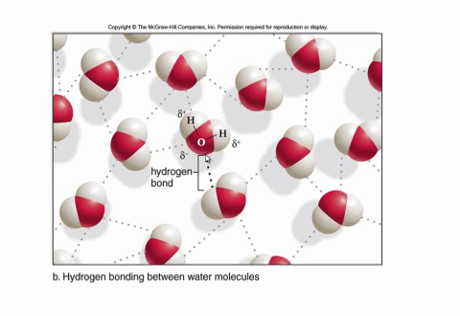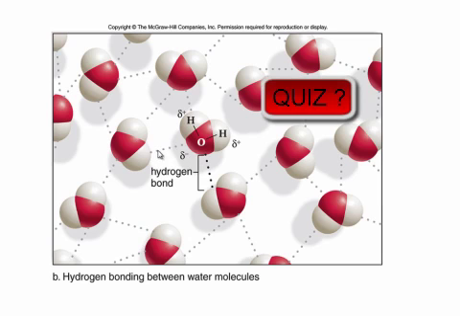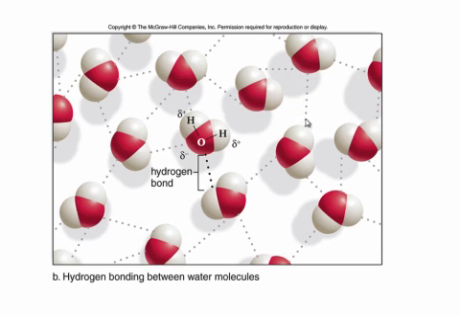It's a weak attraction between the negative pole of one water molecule, that's where the oxygen would be, and that's going to be attracted to the partial positive pole or a hydrogen atom on a neighboring molecule. So again, each of these little dotted lines represents a hydrogen bond.